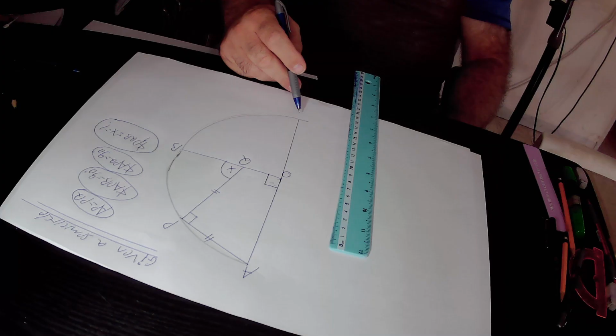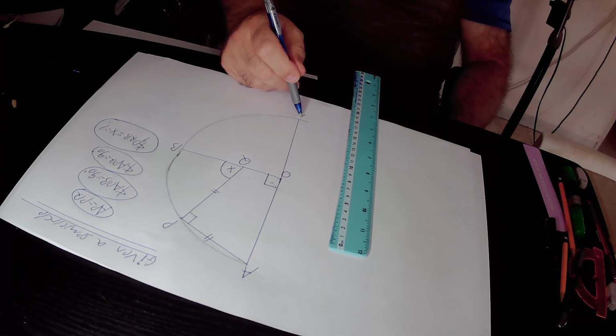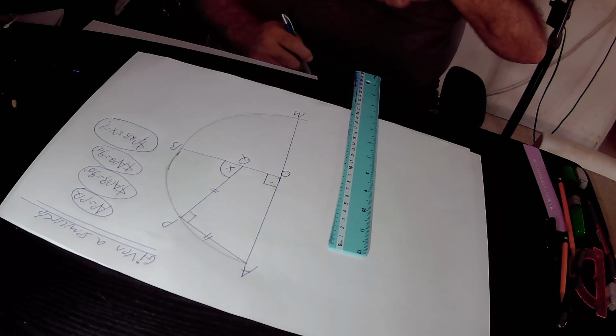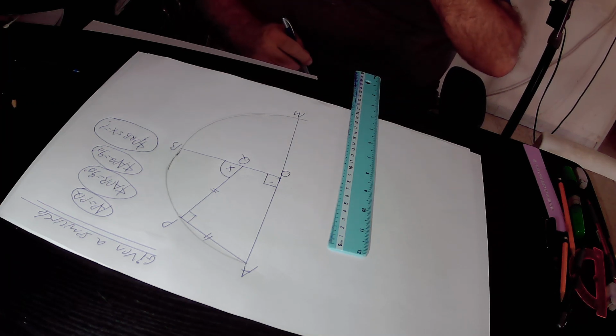And we define this point as point M. So actually AM is the diameter of this semicircle according to our construction.